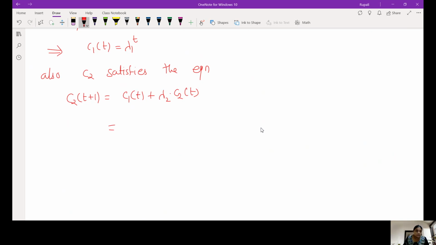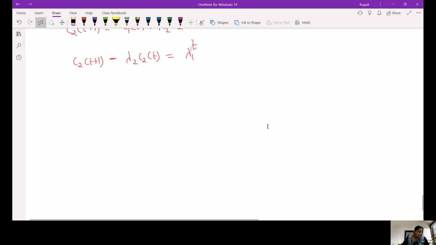I can write this as c_2 at t plus 1 minus lambda_2 c_2(t), which is equal to c_1(t), and c_1(t) is lambda_1 raised to t.